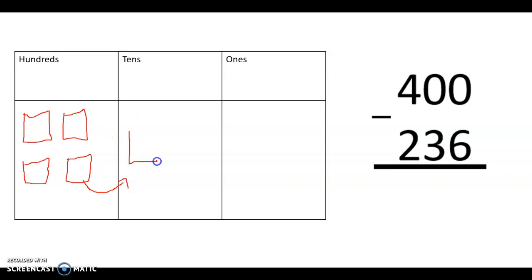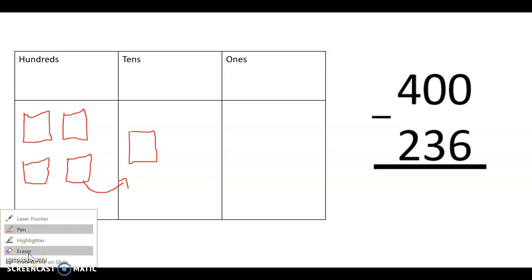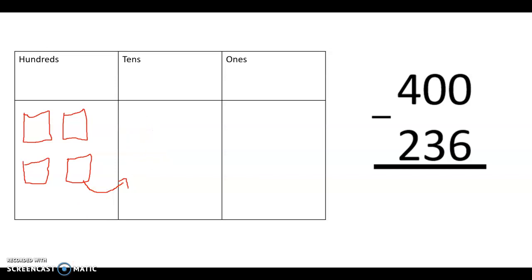So I've got this 100 in my tens place, but wait, if I've moved it over, I've got to break it up into 10 tens, because 10 tens is the same amount as 100. 10 tens equals 100. So I'm going to put my 10 tens.